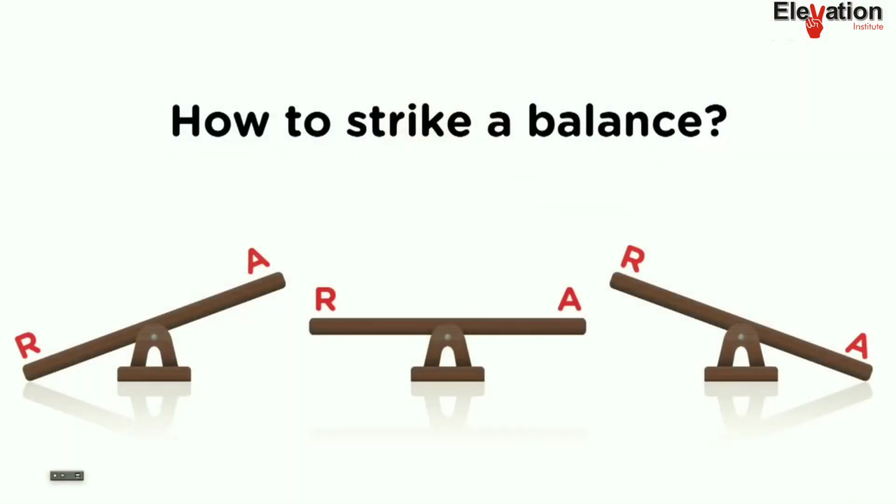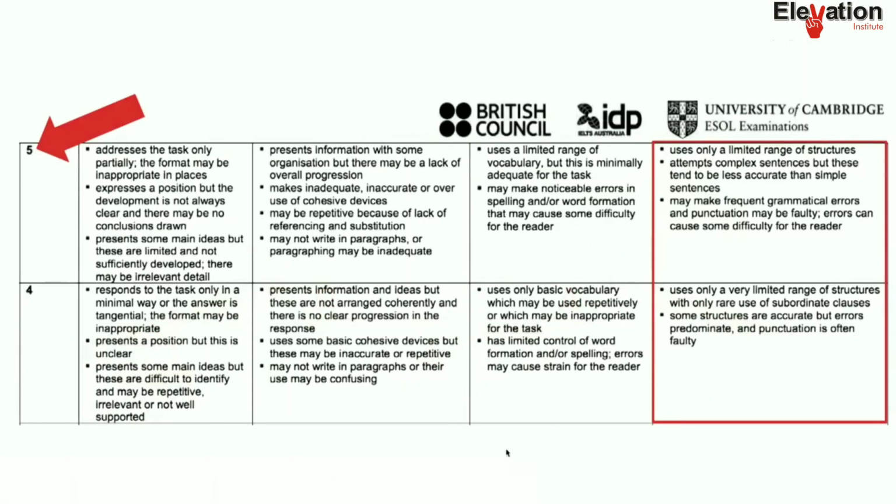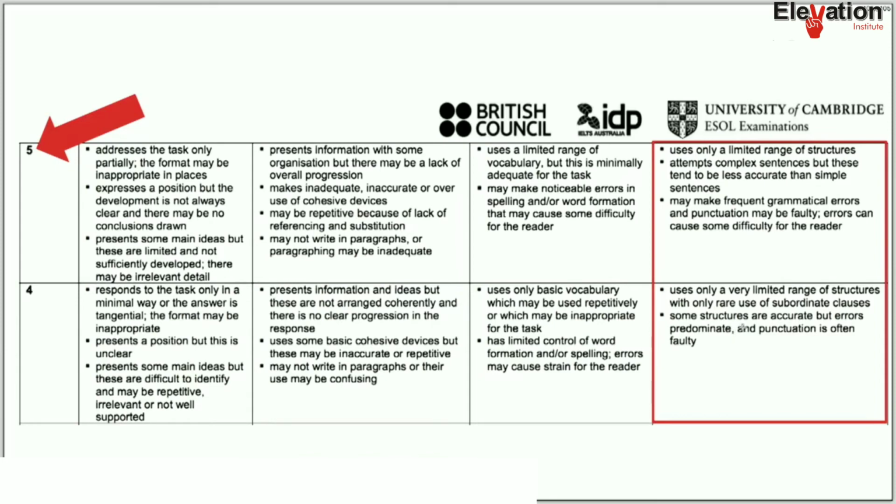That's a critical question. The question is, do you need to strike a balance? Here's the thing. If there is rare use of subordinate clauses, in other words, you rarely use complex structures, then you will get a 4, okay?